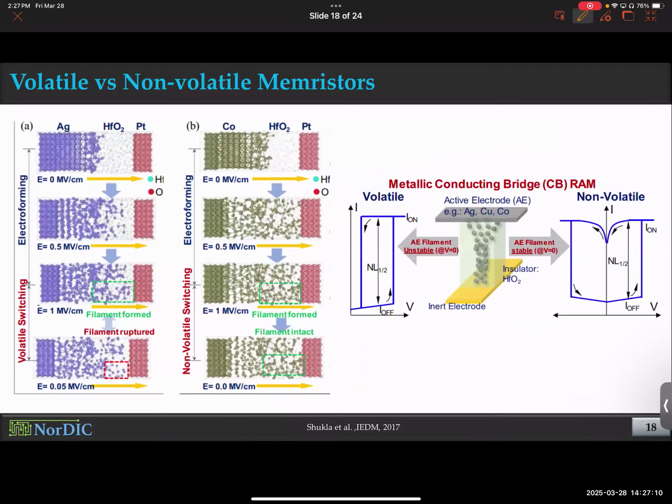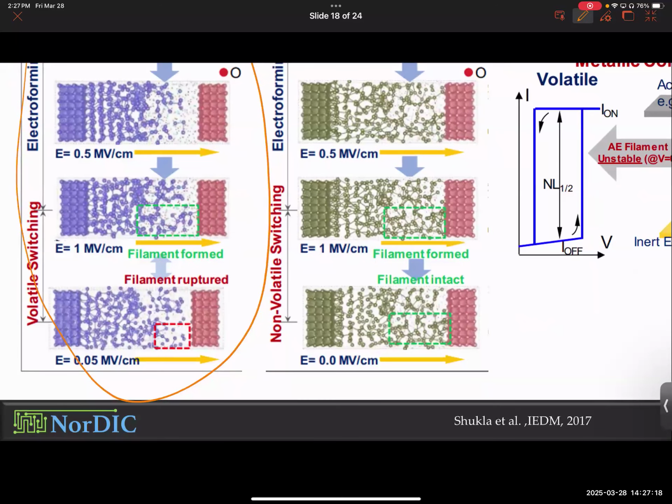All right, I already spoke about this slide slightly: silver, hafnium, platinum. It shows how silver atoms diffuse through the oxide and create a filament, and then you can break the filament to make it a high resistance state. But when you break it, it no longer goes all the way back to the silver electrode.